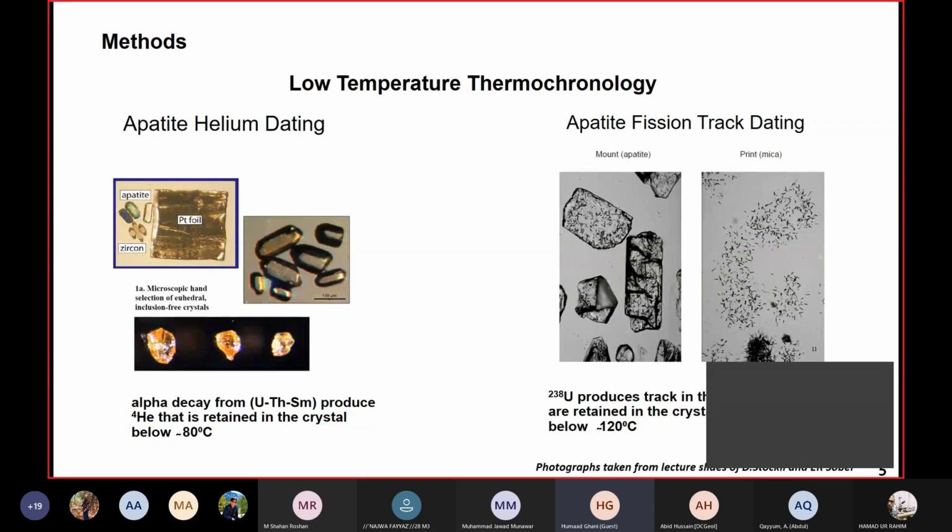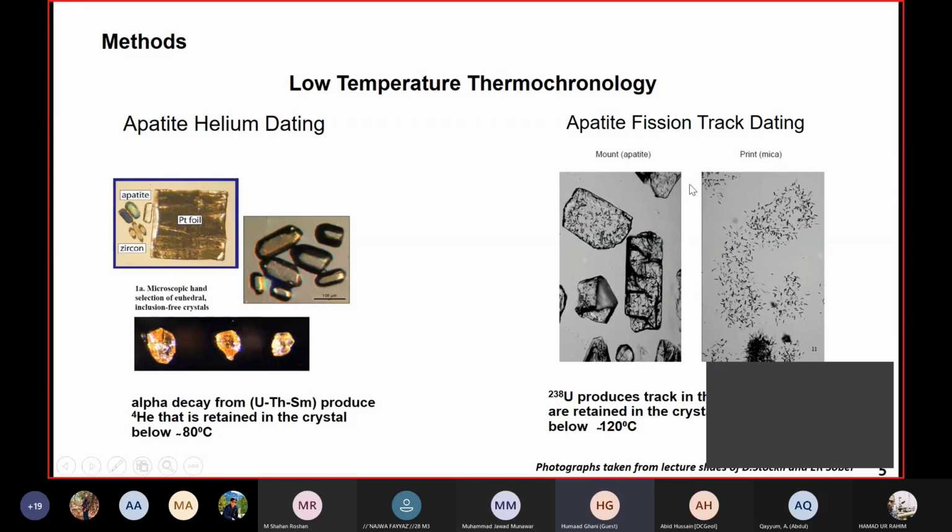The natural decay of uranium, thorium, and samarium produces radiogenic helium, and this helium is trapped inside the apatite crystal. So if you quantify the parent and daughter, you get the age of the apatite helium dating in that sense.